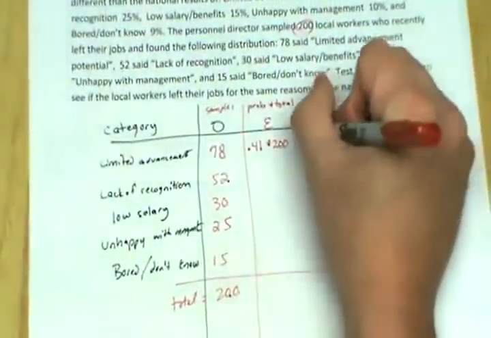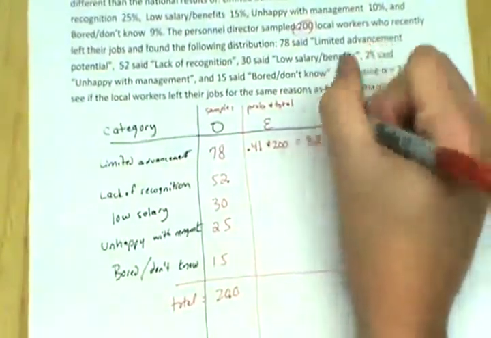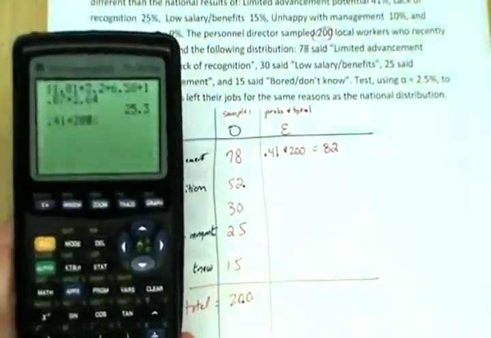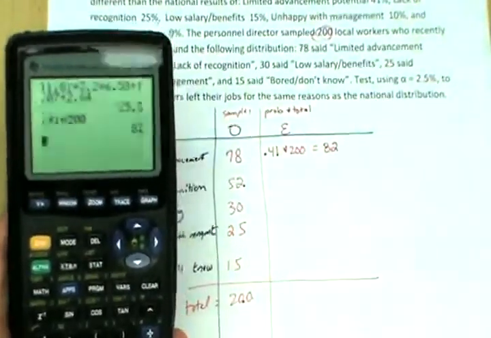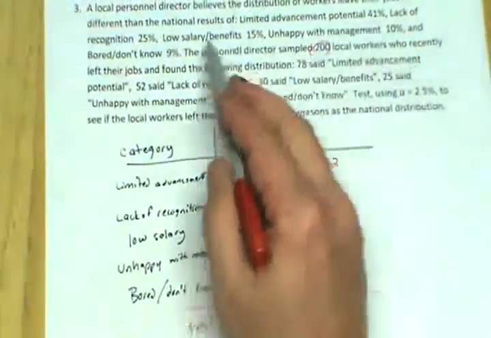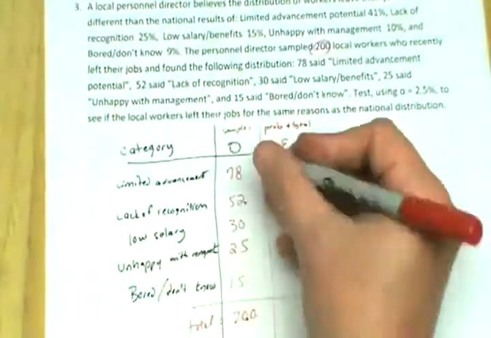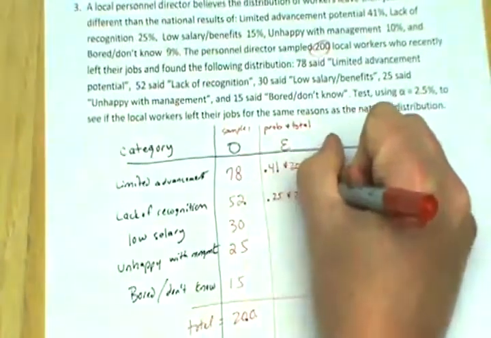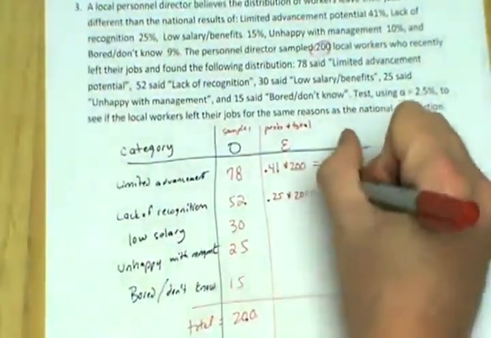That's going to give us back 82. If we take 0.41 times 200, there's 82. Lack of recognition. Up here it says lack of recognition 25%. That's 0.25. We're going to multiply that by 200 people, and that should get us back 50.